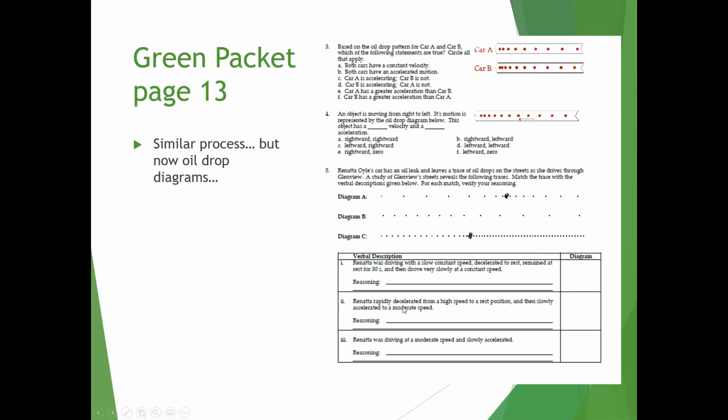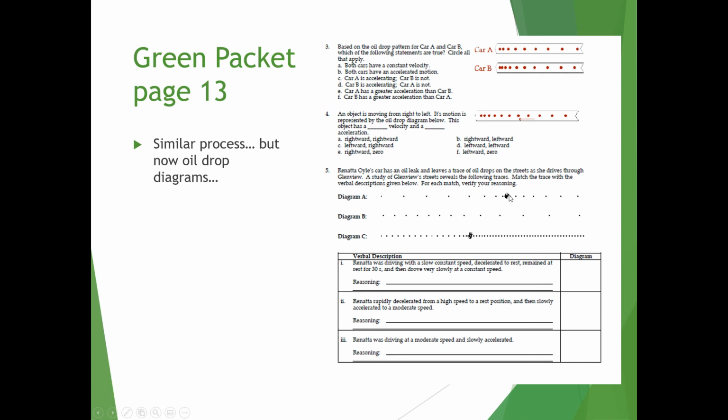Number 2, Renata rapidly decelerated from a high speed to a rest position, then slowly accelerated to moderate speed. Okay, so that looks more like what we've got here, because this one also goes to a rest position. So they decelerate, it gets closer and closer together.